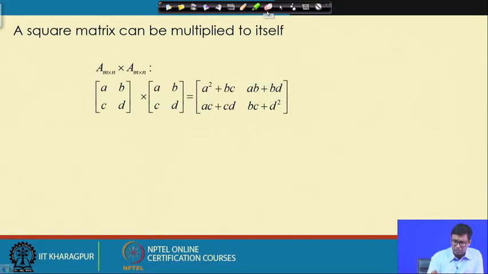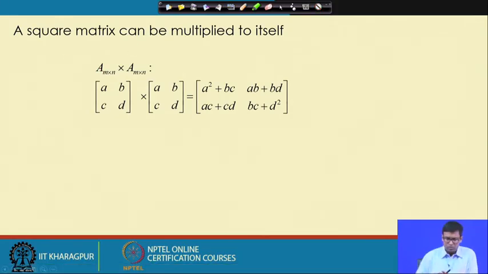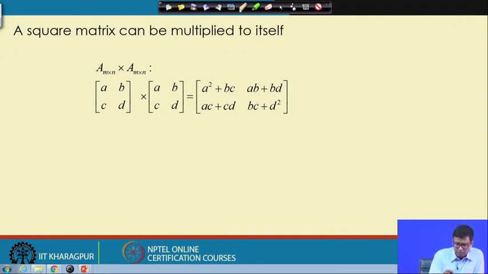This should be m into n, this will be m into m, as this is a square matrix. So, as this is a square matrix, the orders are the same. As the number of rows is now equal to the number of columns, it can be multiplied to itself.